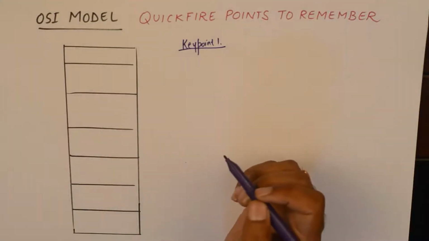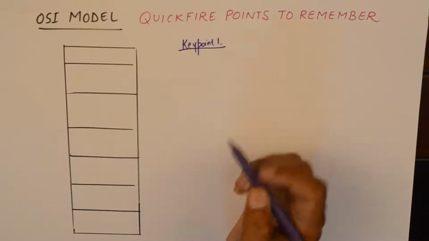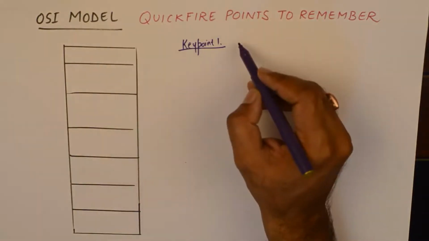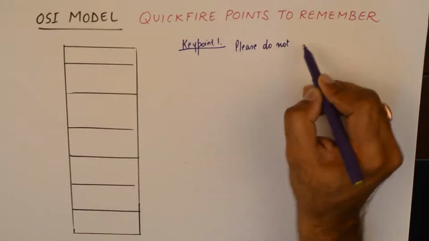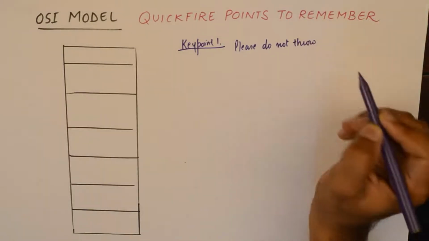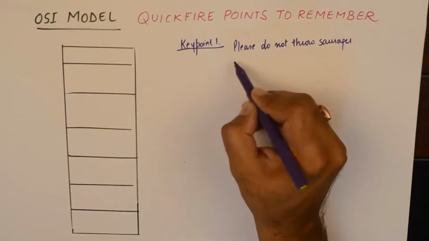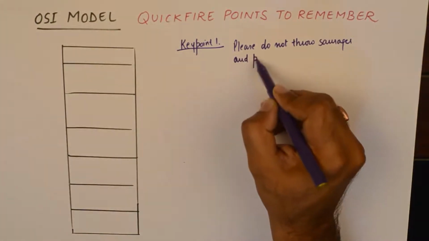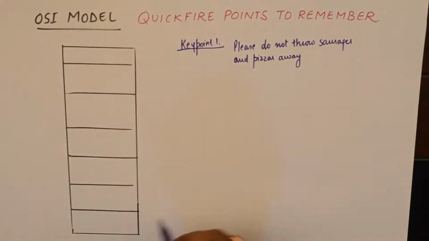To remember the names of the layers, there is a sentence that I use, which is: please do not throw sausages and pizzas away. So it starts from the first letter of each word.